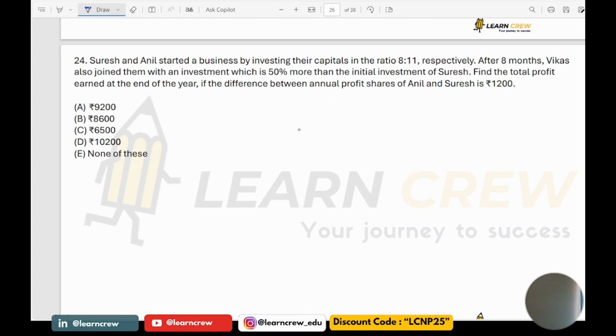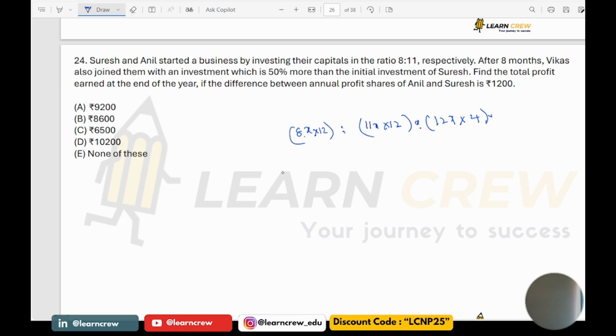So, if one's investment is 8x, the other should be 11x. So 8x into 12, the other is 11x into 12, and third person Vikas would be 12x into how much? 4. 12x into 4. 50% is more than this.